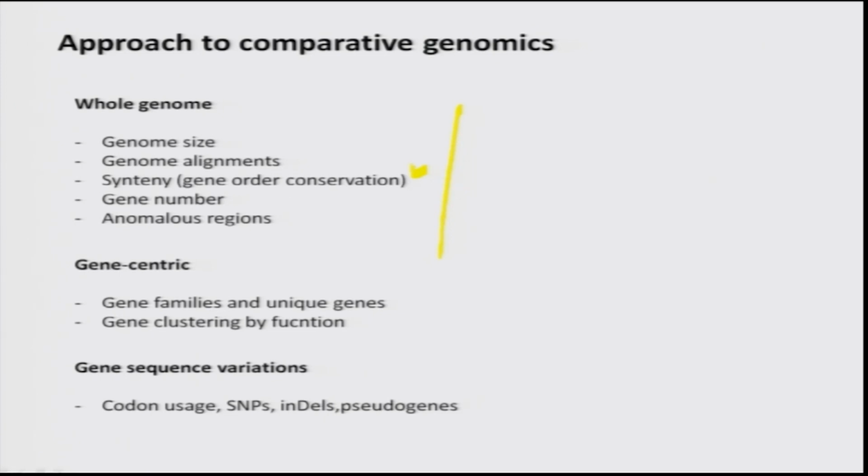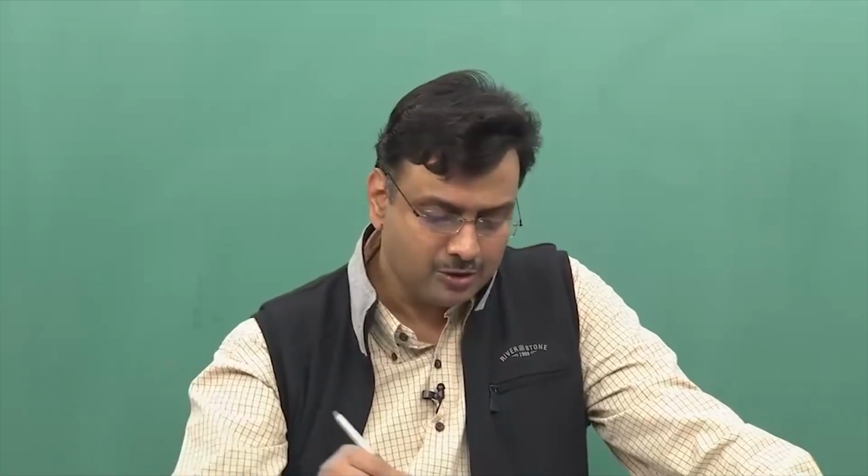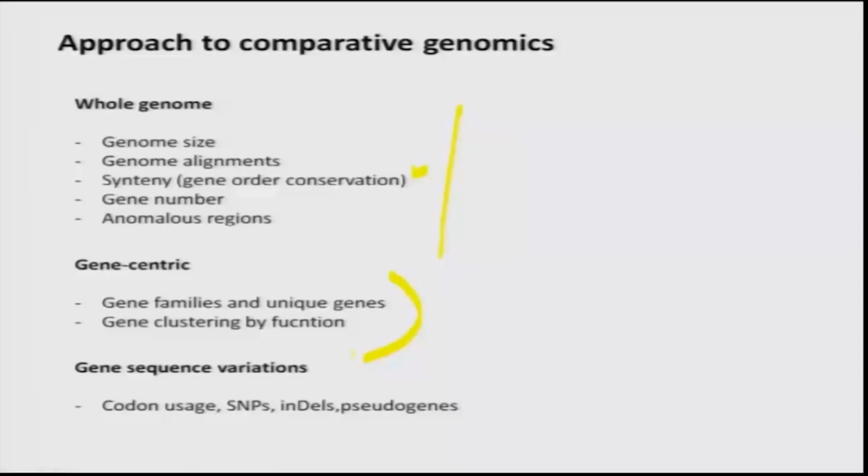So, this information tells you what happens to a particular genome, whether it is undergoing evolution, whether it is conserved, how it could have evolved, and this is the information that comes when you look at the whole genome in total. There could also be gene-centric studies. So, I am not interested in the entire genome, but I am going to look into a particular group of genes. Say I am looking into genes that are involved in higher order brain function, cognitive abilities.